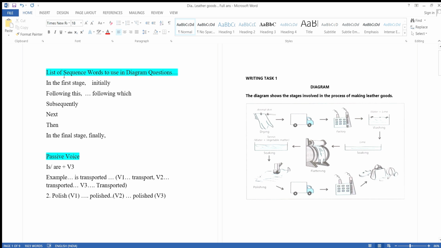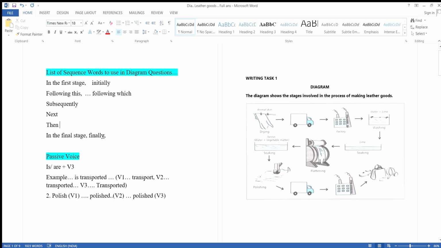So they are in the first stage or initially, following this or following which, subsequently when you are speaking about the other stages, it can be the simple word next or then, and when you come to the last stage, it can be in the final stage or finally. These are very good sequence words. Rather than using the word firstly, secondly, thirdly, try to use this list of sequence words.